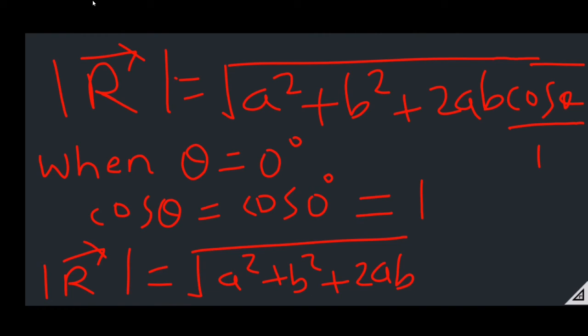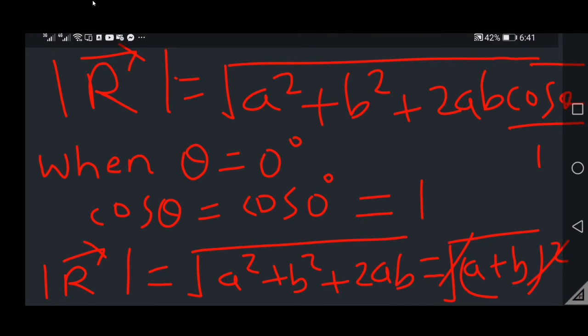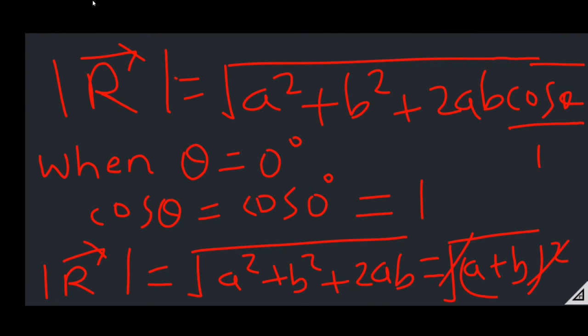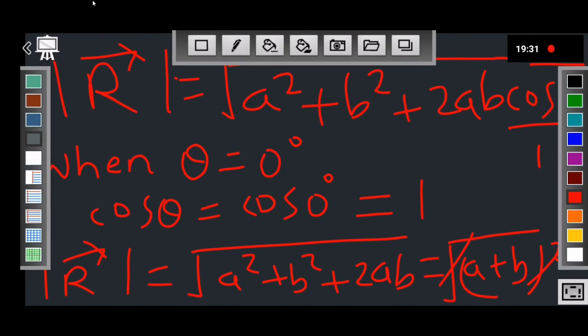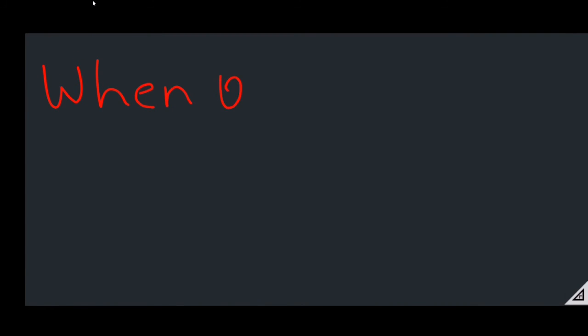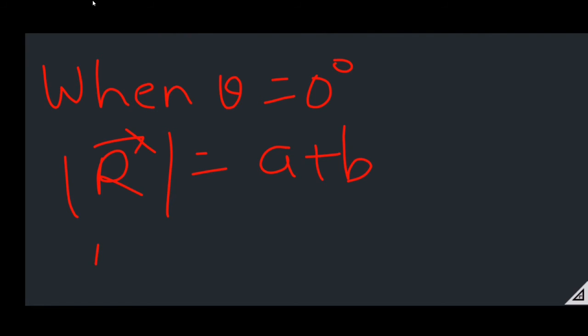Root under a plus b whole square, the square and root cancel, and it will be a plus b. So when theta equals 0 degree, the magnitude of the resultant equals a plus b, and this is the maximum value.